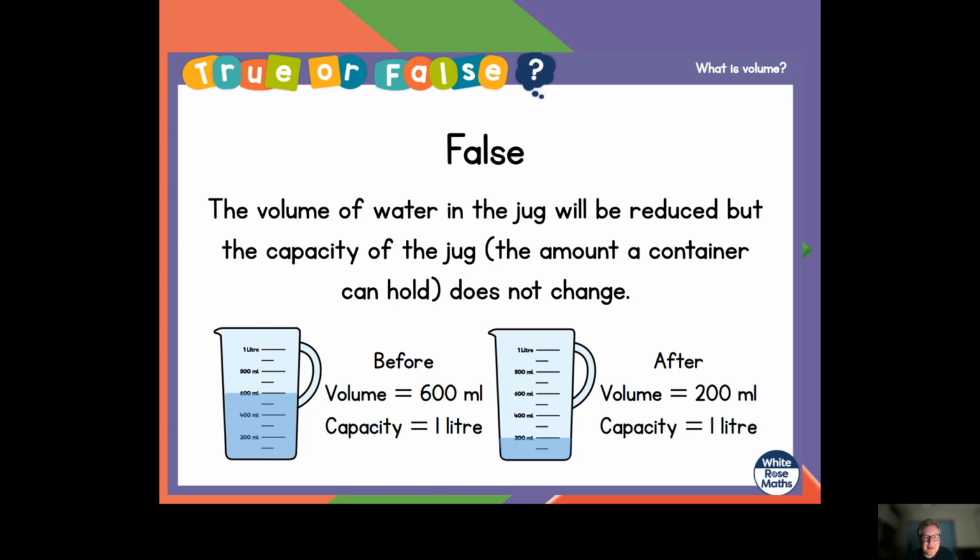Does that make sense? So the capacity is the capacity that the jug has, the ability to hold a certain amount of liquid. And the capacity would be marked by this maximum amount of water.